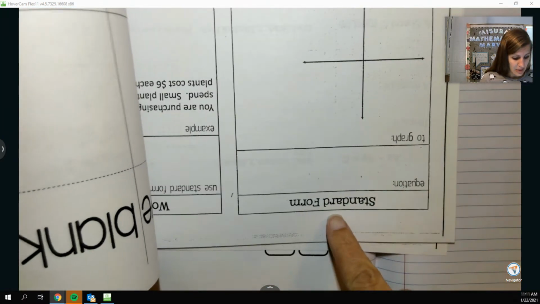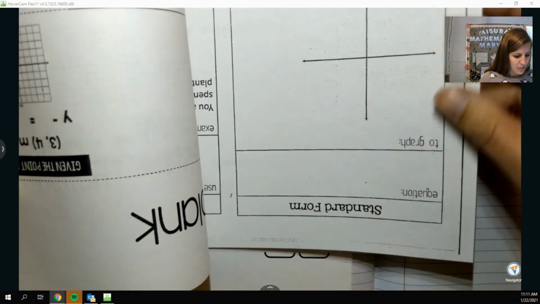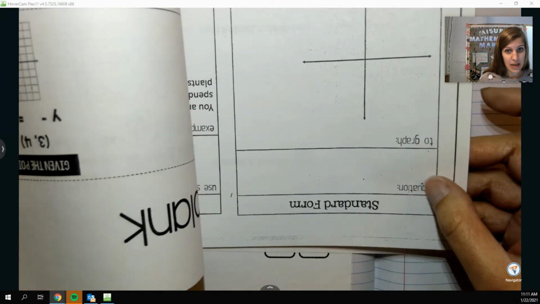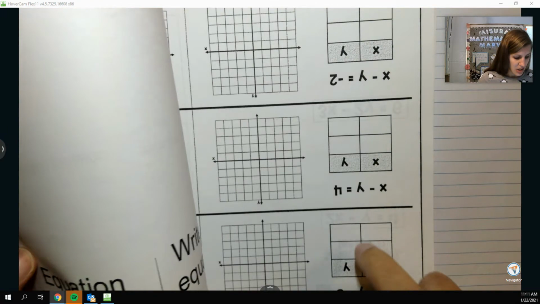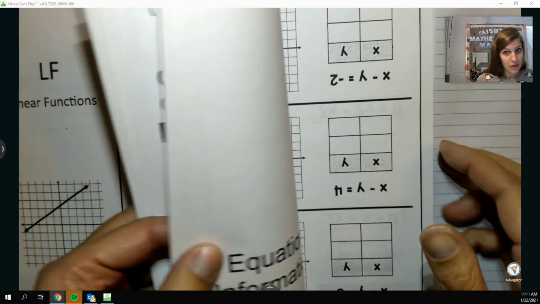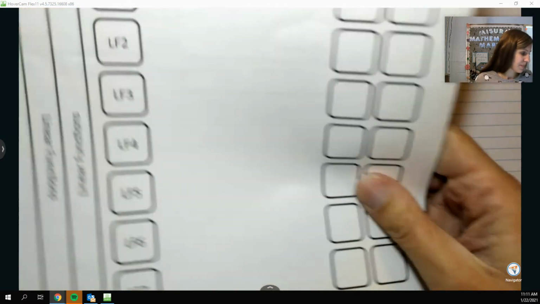So starting on the 11th page, we have the standard form. I'm sorry, I think this is actually the 12th page. Oh my gosh, I should recount. And then this one here, which is standard form, the one right after it. And then the one right after that as well is also standard form. So I'm going to be using all three of those. Not in this video, but that's where you're going to want to start.